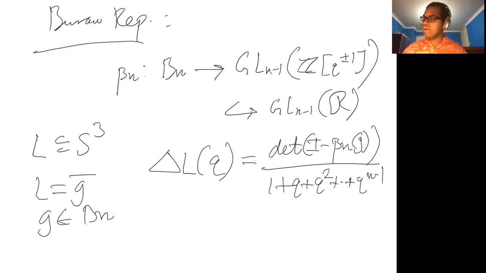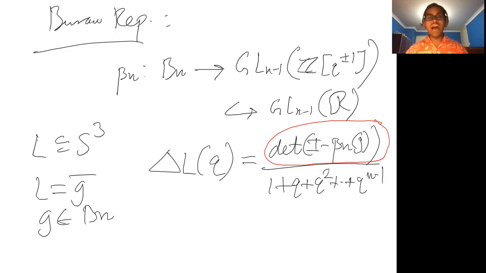The numerator is a class function on the braid group, because what we're doing is taking the characteristic polynomial of the Burau representation of g and evaluating it at 1. So it's a class function on a matrix group composed with the Burau representation. And then the denominator is just a normalization to ensure that this is compatible with stabilization and destabilization. But this gives you the Alexander polynomial in terms of Burau.